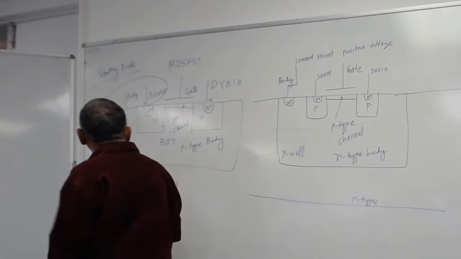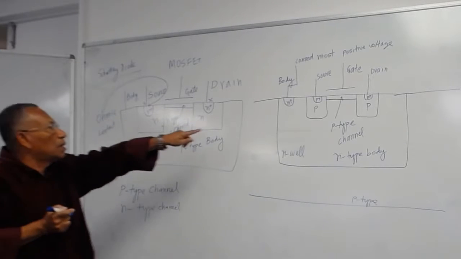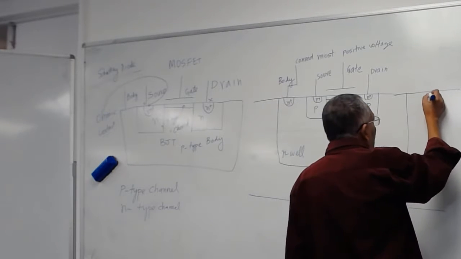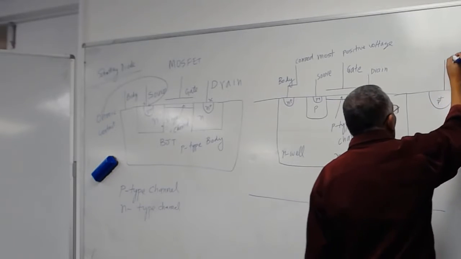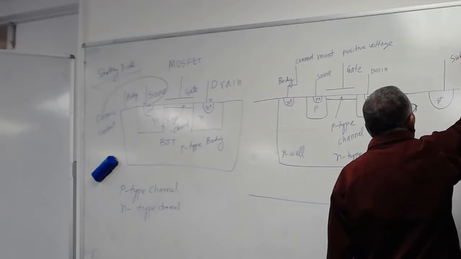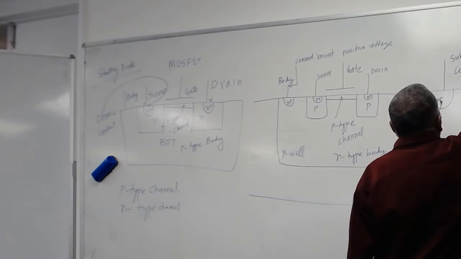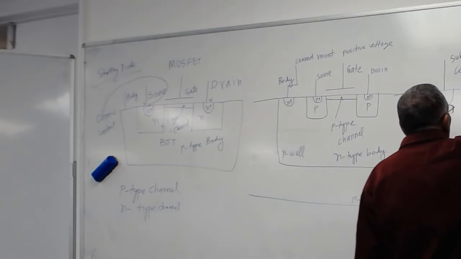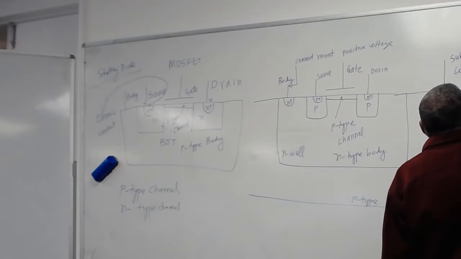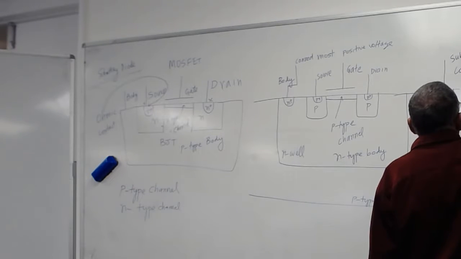And wherever the body is, this is the P-type body, the substrate. So you will have a substrate contact here. This is P plus. Connect this to the most negative voltage you have.